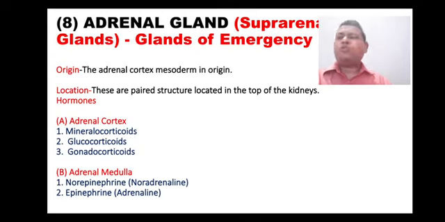Hormones of the adrenocortex. All hormones of the adrenocortex are synthesized from cholesterol, and corticosteroids are grouped into three categories: mineralocorticoids, glucocorticoids, and gonadocorticoids.